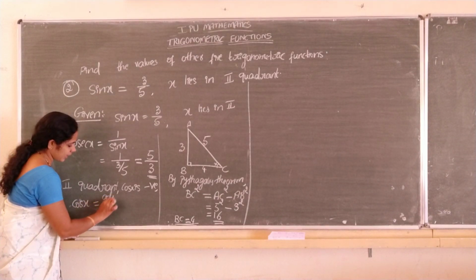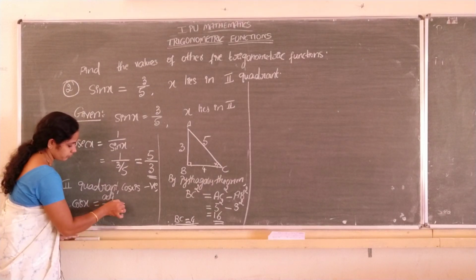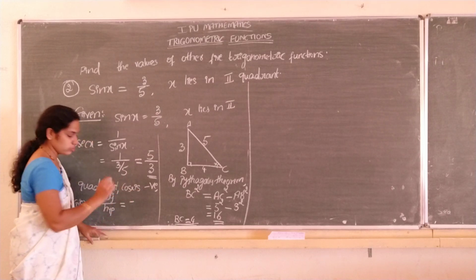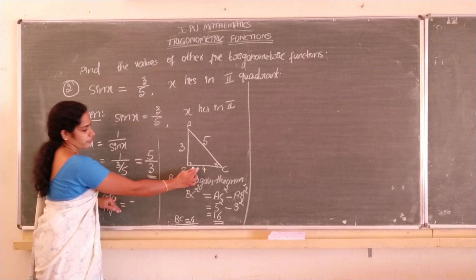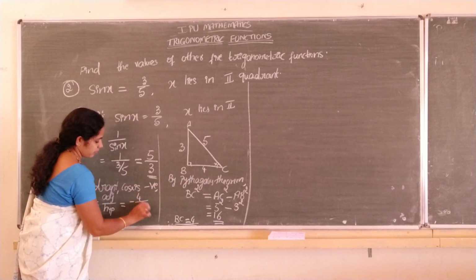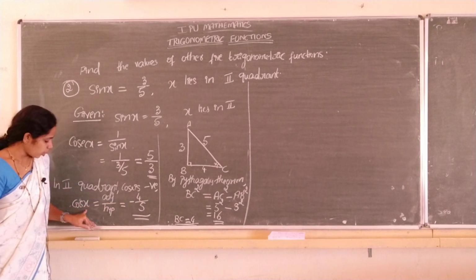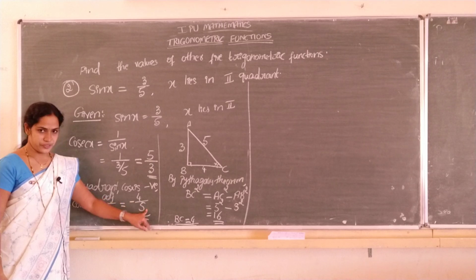Cos x is adjacent divided by hypotenuse. Here cos x is negative, so we have to put minus adjacent 4 divided by 5. This is the value of cos x. Cos x equal to minus 4 by 5.